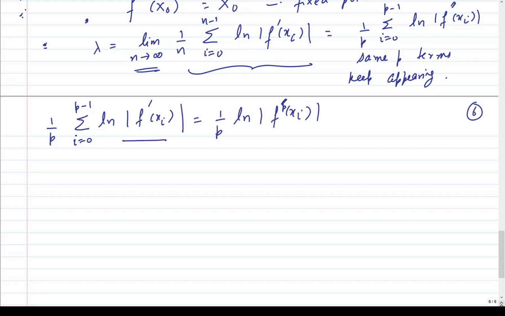Remember, the sum of the logarithms is actually the chain rule product, and that would be the derivative of the map f^p over here. So in other words, the derivative over here is going to be nothing but the product of f' at x1, x2, x3, so on and so forth.